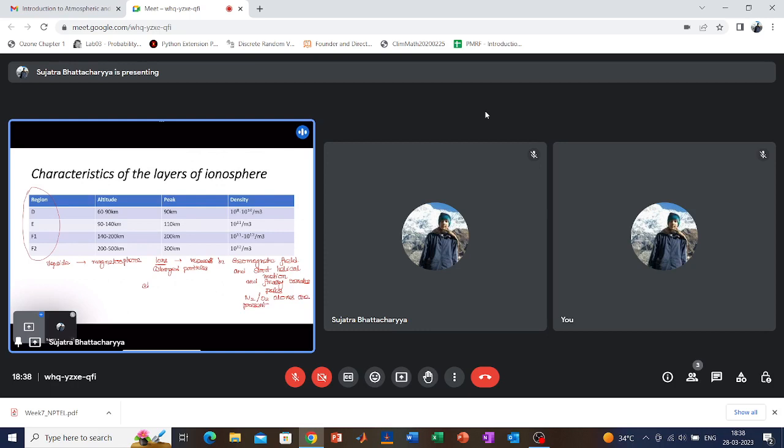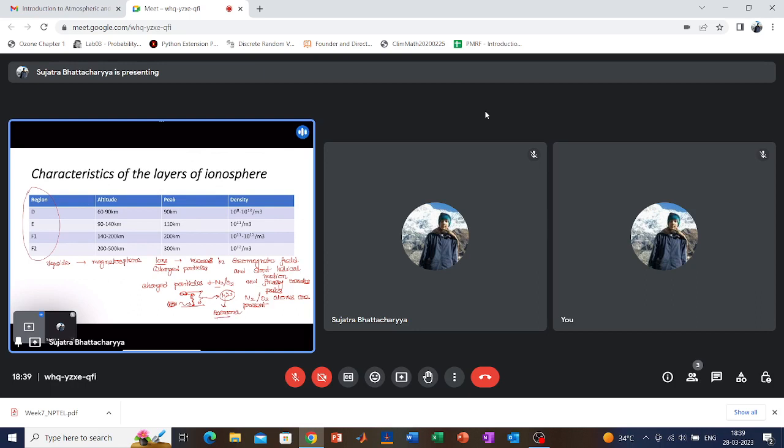These charged particles interact with this N2 or O2, because of which the electron goes into the excited state by absorbing energy. Now as it falls, it releases a photon, and therefore we get aurora. In the northern hemisphere we get aurora borealis, in the southern hemisphere we get aurora australis.